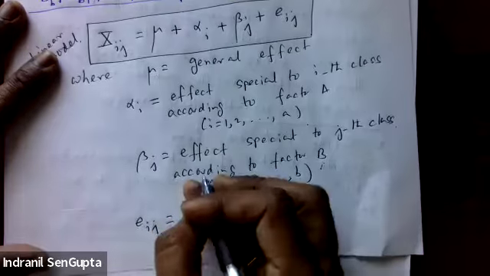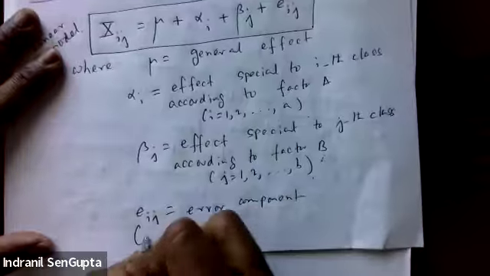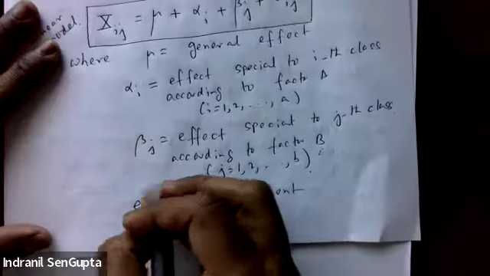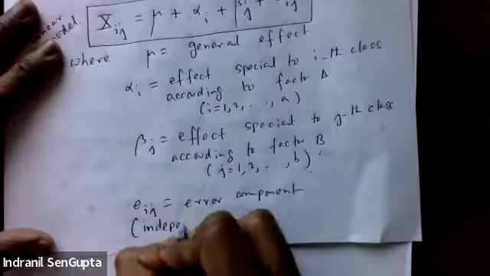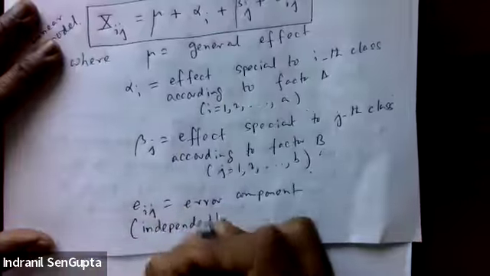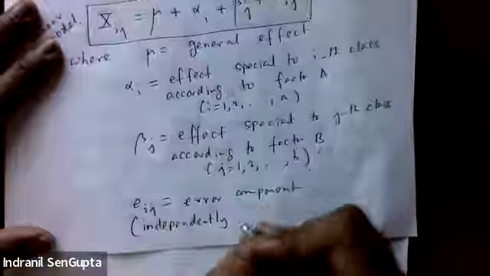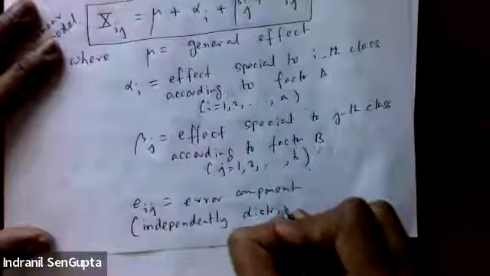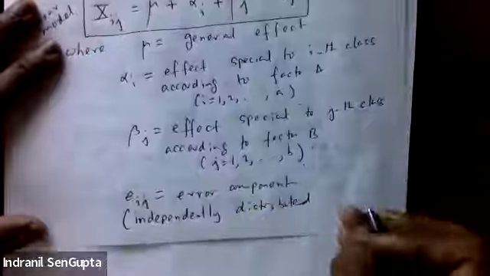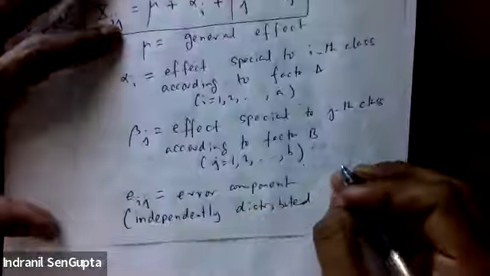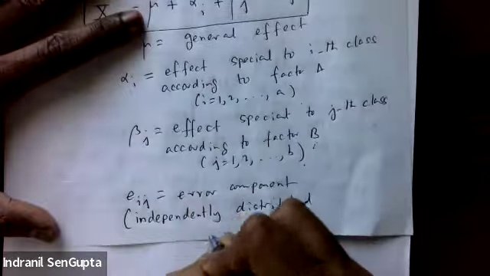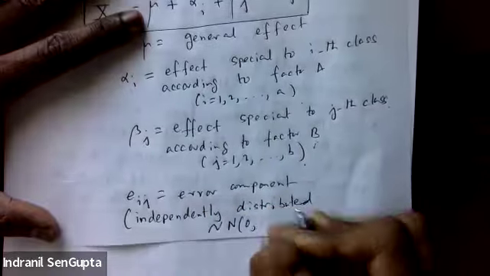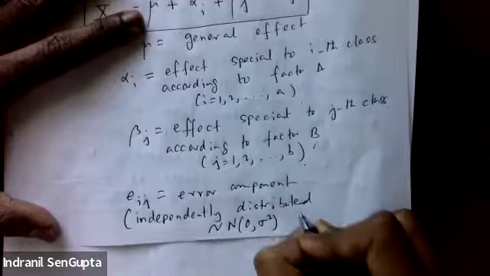Okay. So we assume that this e_ij, for every i, j, are independently distributed normal random variables with mean 0 and variance sigma squared.